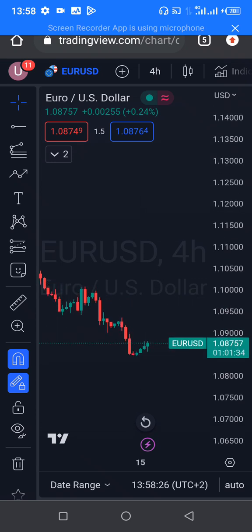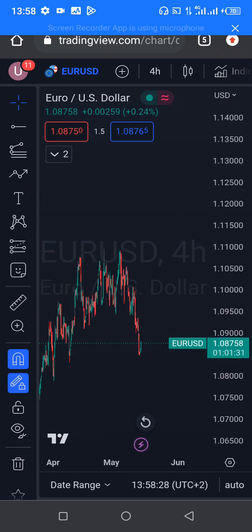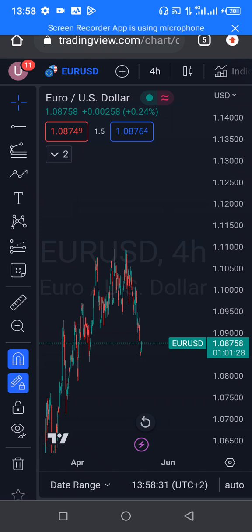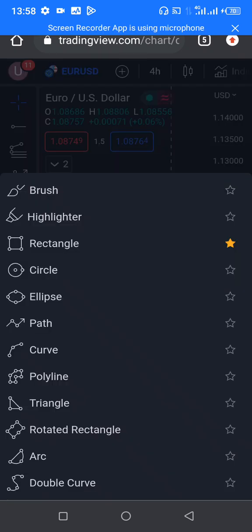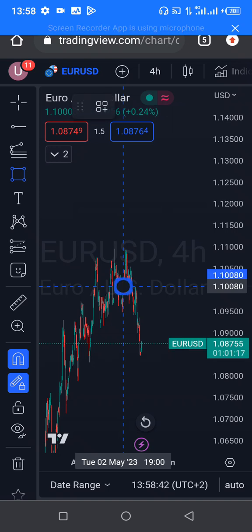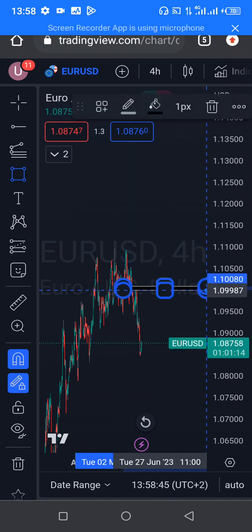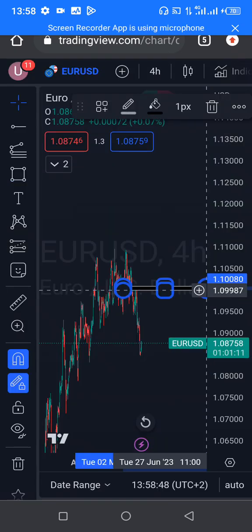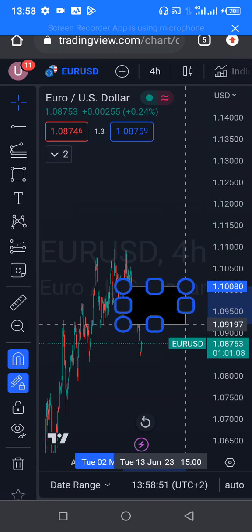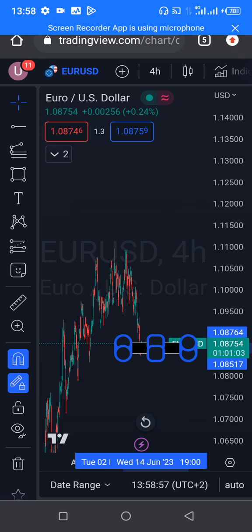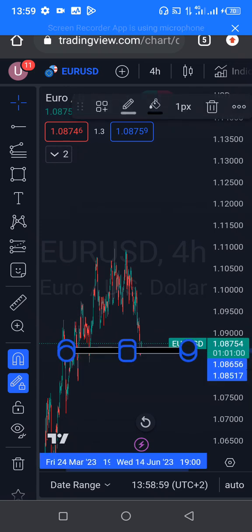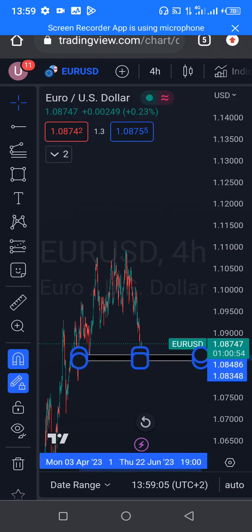Let's go to the 4-hour time frame. On a 4-hour time frame, I see this level here. Let me draw my support here. I drag my support and fix it.